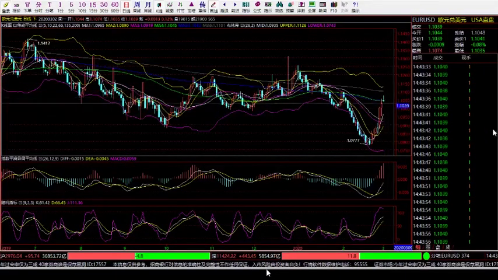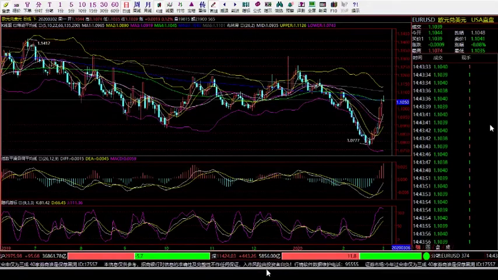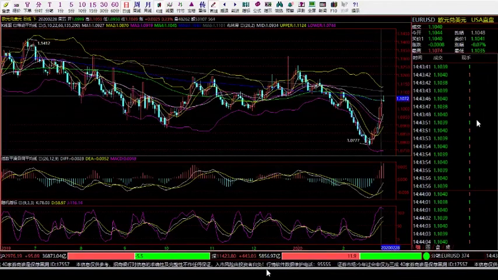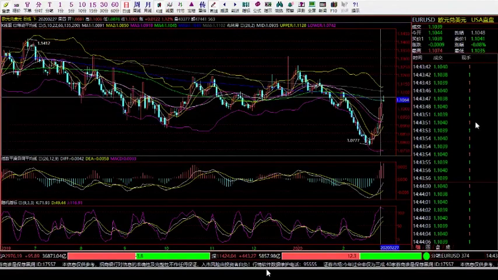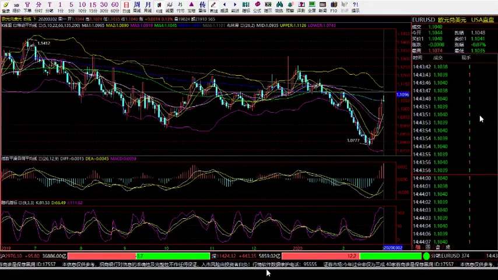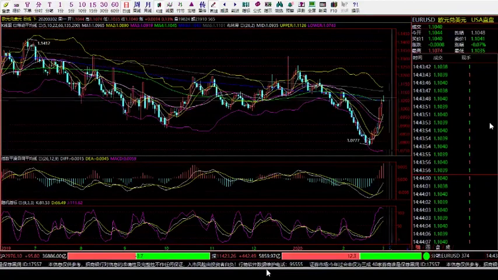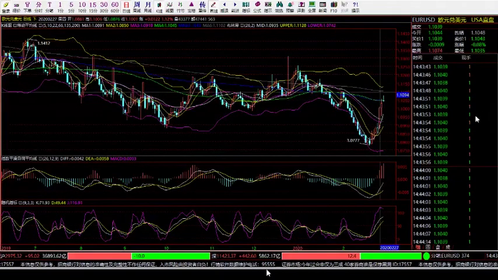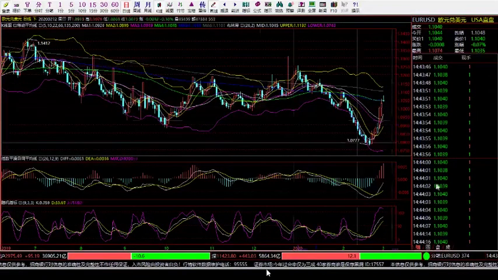Now the price is 1.1050. So this area, 1.1050 to 1.1100, should be pressure. As the dollar index rebounds, EUR/USD should decrease again.